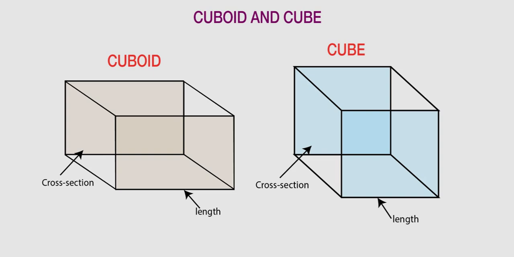We now look at the volume of a cuboid. The cross-section of a cuboid is a rectangle. And we know from year 1 that the area of a rectangle is given as area equals length multiplied by the breadth. If you multiply the height of the cuboid by the cross-sectional area, we obtain its volume.